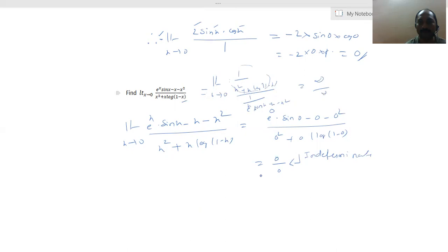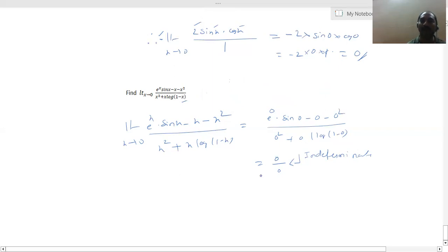So we can convert infinity by infinity into 0 by 0, and 0 by 0 into infinity by infinity. Don't bother about both. That's why we apply the same process, L'Hospital rule.